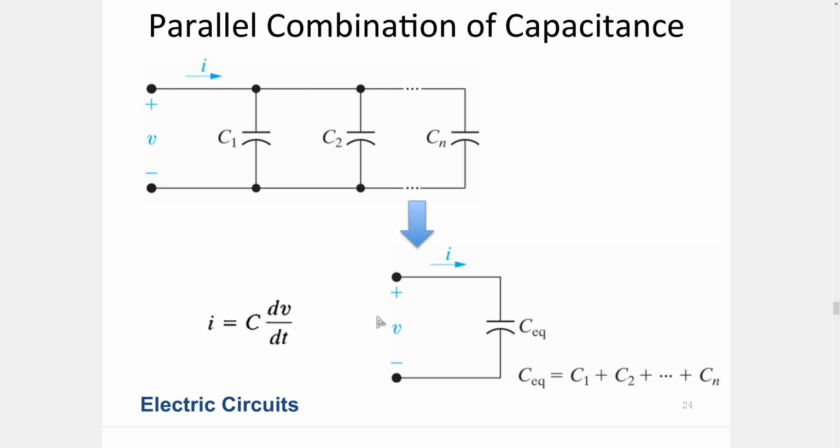So if we simply establish an equivalence, then the dV over dt's will be reduced, and we end up with C equivalent equals C1 plus C2 plus until the end of the Cn. So when we have parallel capacitances, we simply add the capacitance values to compute the equivalent capacitance.